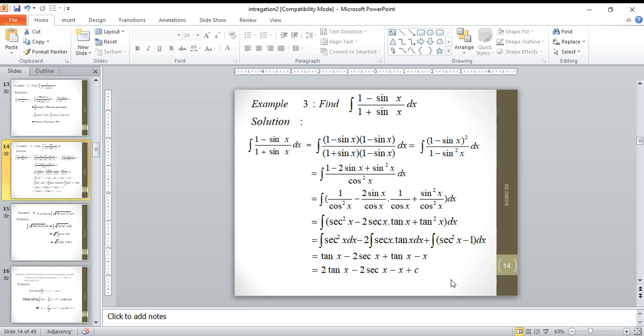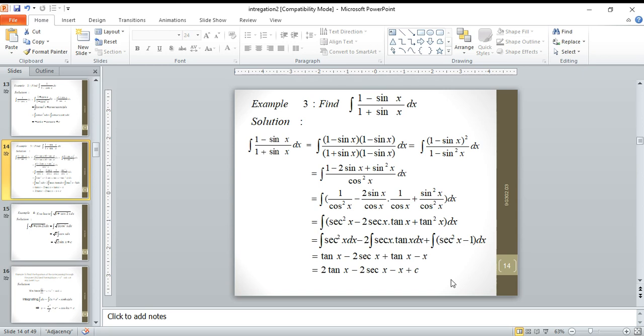So here 1 by cos square x is equal to secant square x. Secant square x minus 2 into sin x by cos x, which is tan x, into 1 by cos x, which is sec x, so 2 sec x into tan x, plus sin square x by cos square x, which is tan square x.